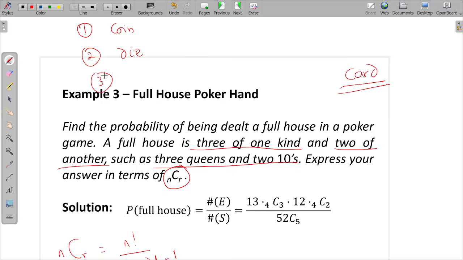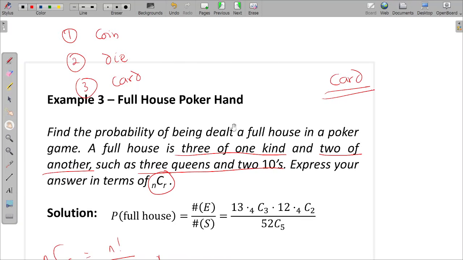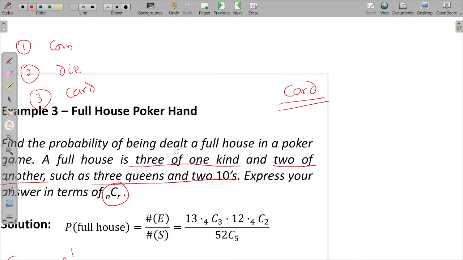Number 3, the possible outcomes of a card. These are basic things you must know in probability. Other things might be given to you in the question, but these 3 we assume you know. Please ensure that you know the possible outcomes of these 3.